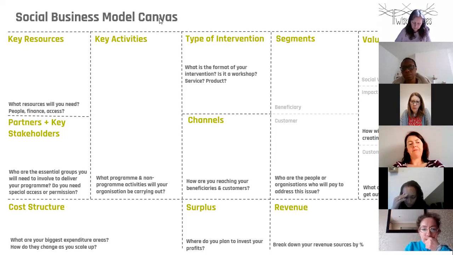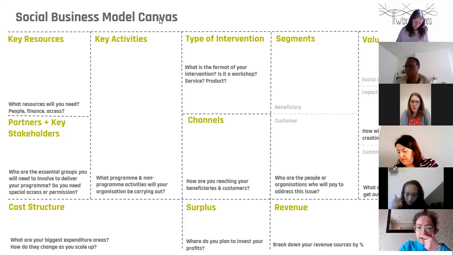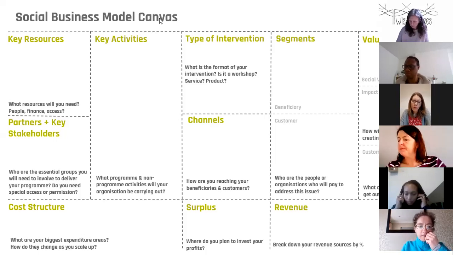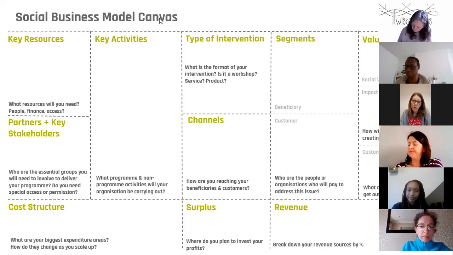And then you'll be able to think, out of what I've just marked down here, what are my biggest costs? What's core and consistent, what's additional, and what might change over time. Those are some of the things that he was getting people to think about yesterday.